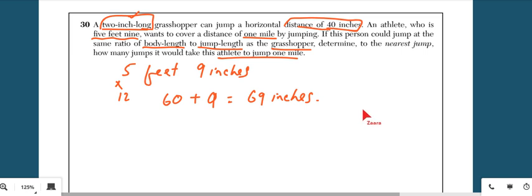Now there is another length which is not in inches, it is 1 mile.